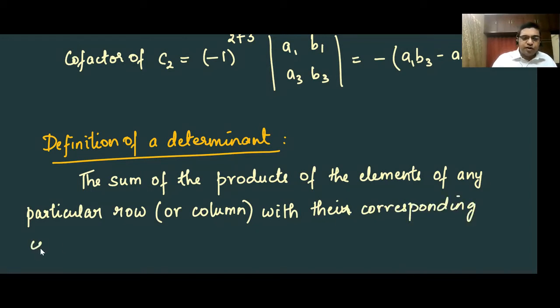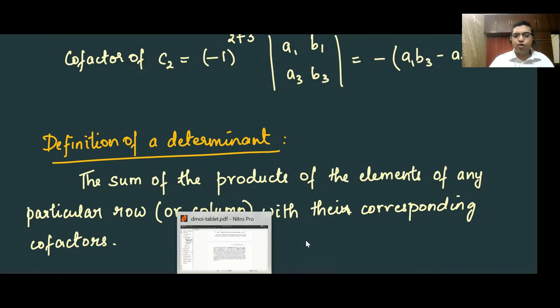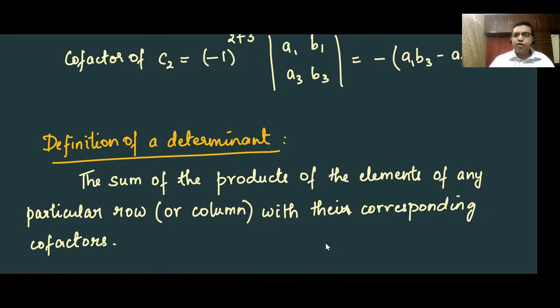The sum of the products of elements of any particular row or column with their corresponding cofactors is defined as the determinant of the matrix.